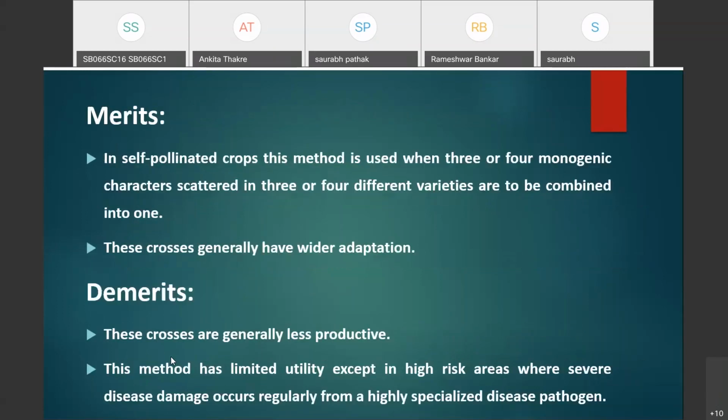Then there are certain merits and demerits of using this method, the multiple or composite cross. First of all, the merits, or we can say the advantages.